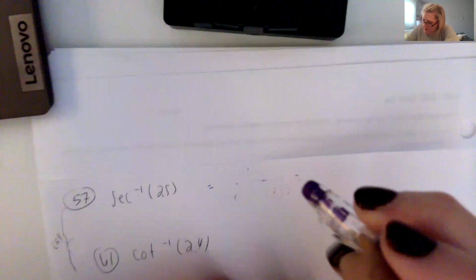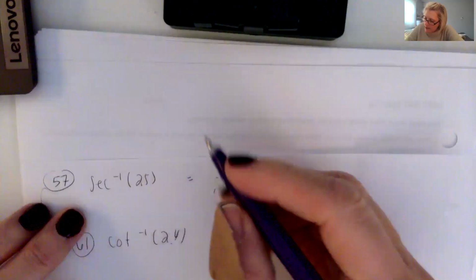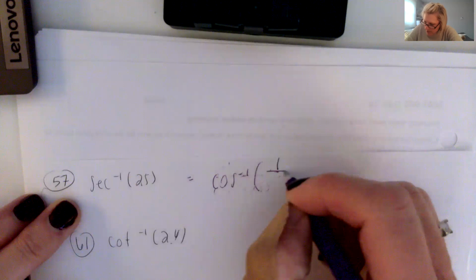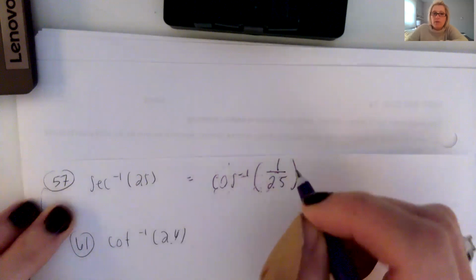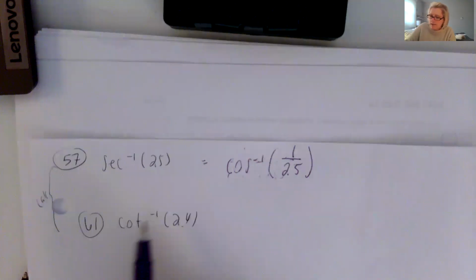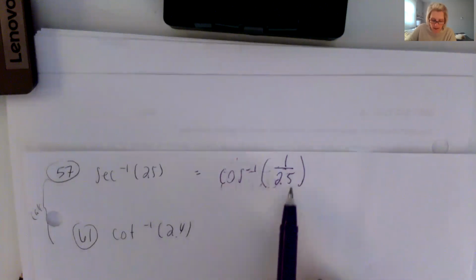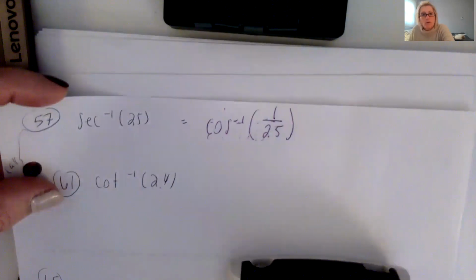It is actually the inverse cosine of the reciprocal of 2.5, because secant and cosine are reciprocals of each other, but the reciprocal goes on the inside. That's where I misquoted myself.